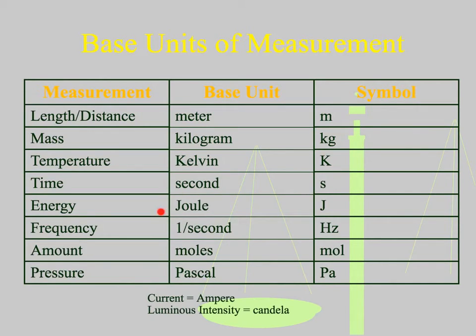Energy is recorded in joules, and that's a J, which is not calories. Frequency is per second, and it's written as Hz, also known as hertz. The amount, and we will talk about amount, is represented by moles, and the symbol is mol.